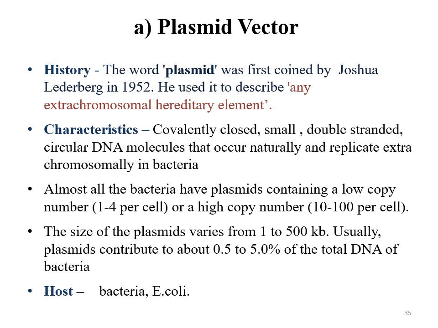The size of the plasmid varies from 1 to 500 kb generally, which usually contributes about 0.5 to 5% of the total DNA of the bacteria. Bacteria such as E. coli are used as the host cell for the plasmid vectors.